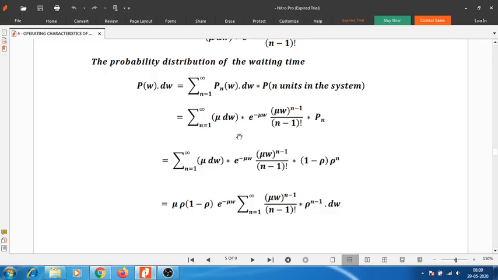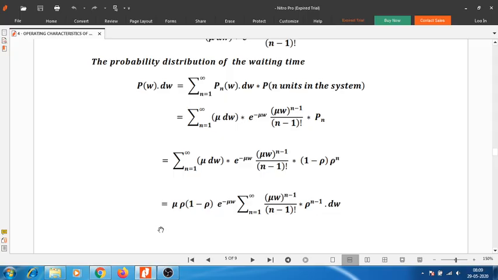The same step we carry here again. Instead of Pn, I write rho power n into 1 minus rho. Here you remember this rho power n, it is possible to write as rho into rho power n minus 1.